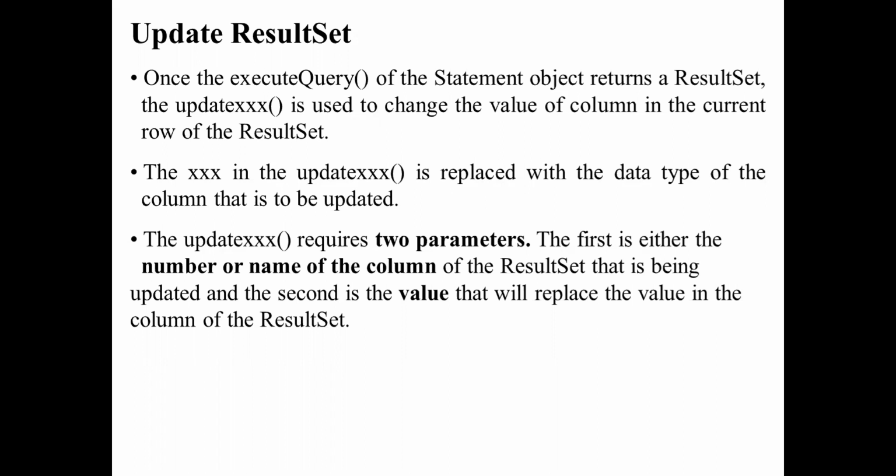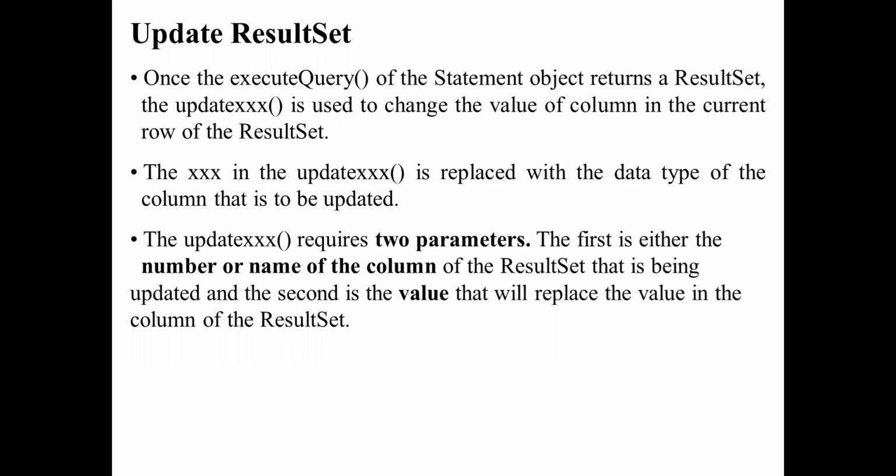The updateXXX method requires two parameters. The first is either the number or the name of the column of the result set that has to be updated. The second is the value, so that we can replace the value in the column of the result set.